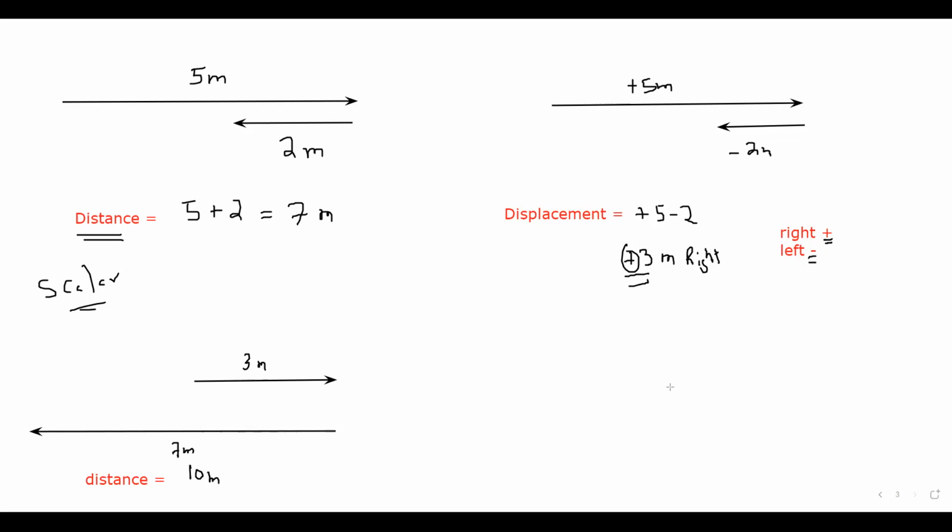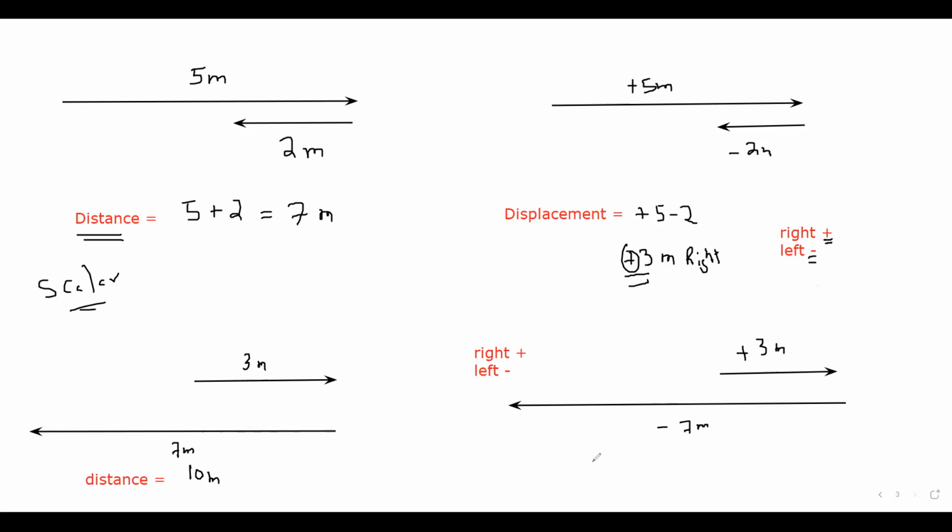But what about the same question for displacement? First it covered 3 meters, then it covered 7 meters. So if the right hand side I consider as positive, then left will be negative. So this will be plus 3 and this will be minus 7.